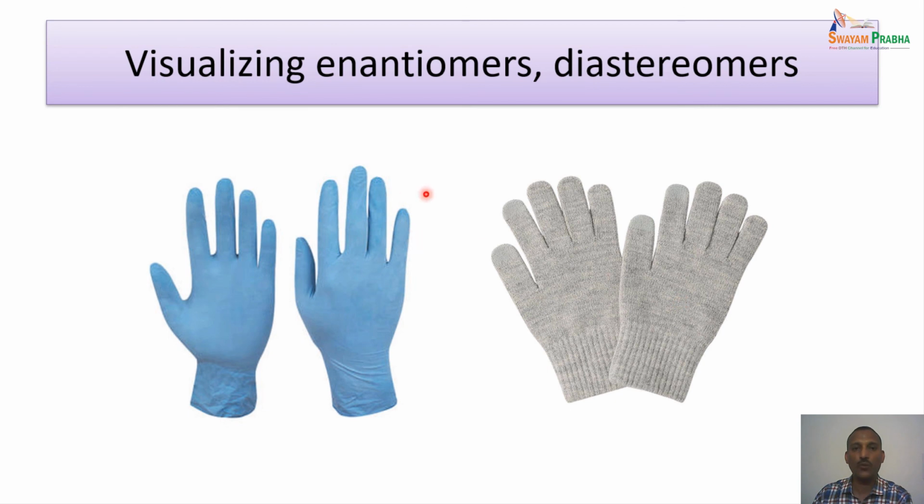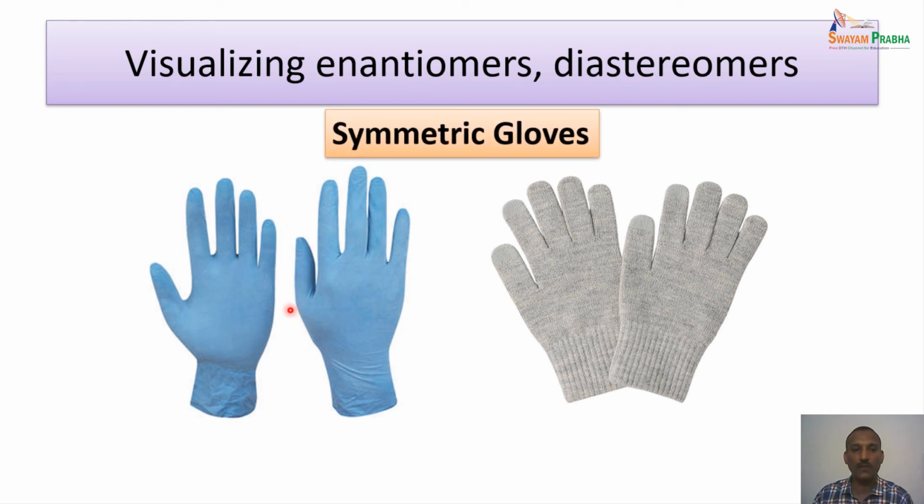Now let us look at how we can visualize enantiomers and diastereomers. If you look at these two compounds, you will have symmetric gloves. Whenever there is a symmetry, we do not have an optically active compound. In other words, we do not have any enantiomers or diastereomers in these kinds of compounds.